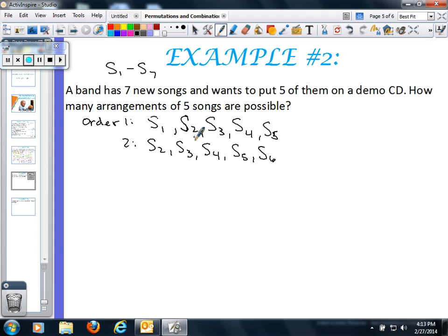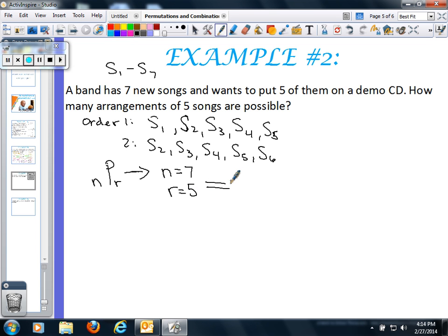Alright? So now, remember, you're looking for nPr. P is representing the permutation, n is representing how many items you have, and r is how many you're choosing. Okay? So n in this case, we have 7 songs, and r is going to be how many we're choosing, which is 5.